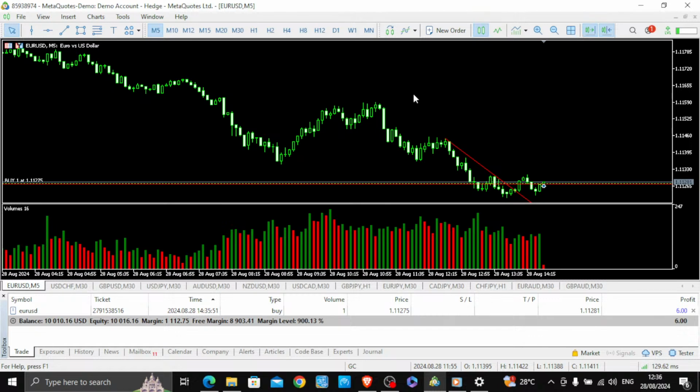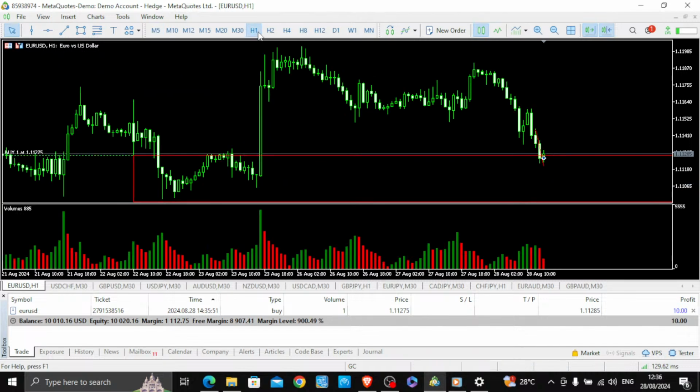Yes, that's what it means here. Each movement here. So my stop loss now will be here. I will check. Aggressive stop loss should be here, but we will not go for the aggressive one.